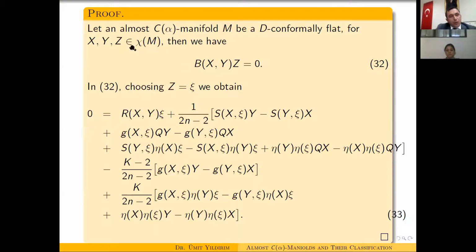Proof. Let an almost C alpha manifold M be D-conformally flat for X, Y, Z in the tangent space. Then we have D-conformally flat is B X Y Z equals 0. Similarly, projective flat, conservative flat, quasi-conformal flat and the like. In the equation, choosing Z equal to Xi, we obtain this equation.